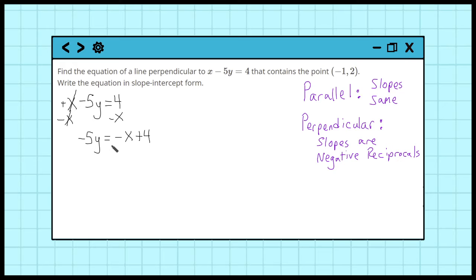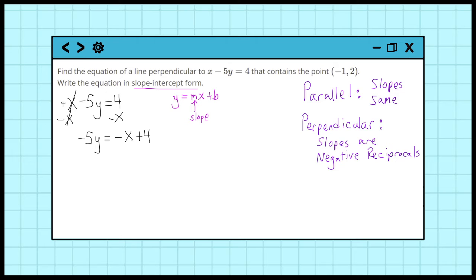The reason for that is we know that slope-intercept form is y equals mx plus b, where m is the slope. Because in slope-intercept form, the x comes first, and the number that doesn't have an x comes last. That's why I'm putting negative x plus 4 in that order.